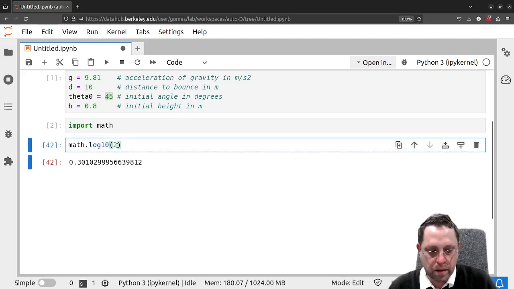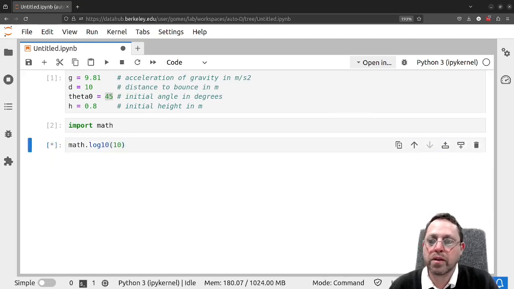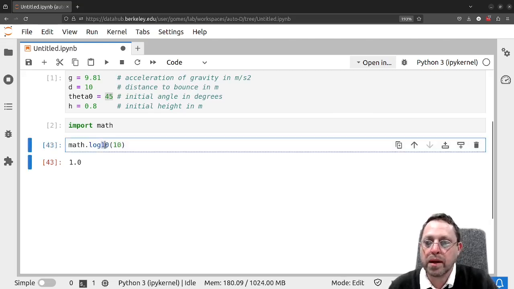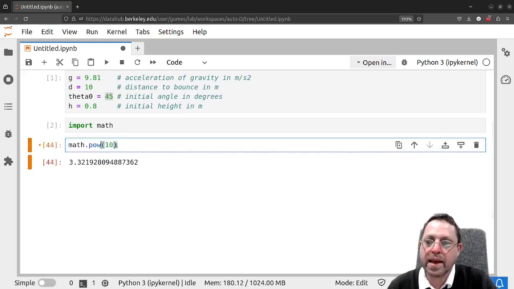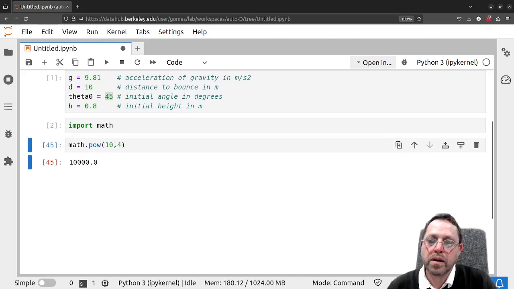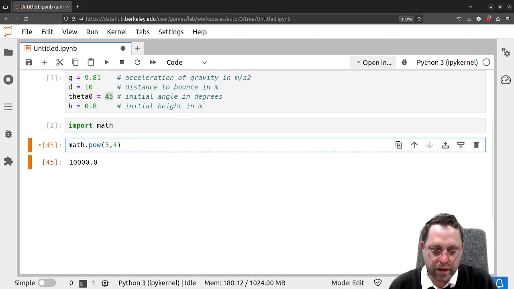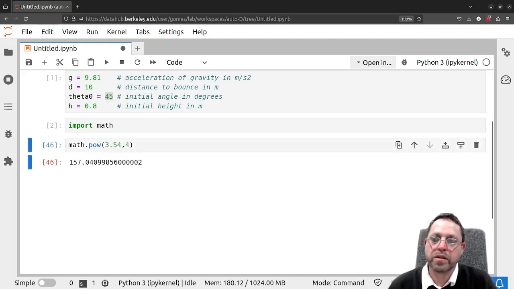What if I wanted the base 10 logarithm of 10? That's obviously 1. This is the base 2 logarithm. Okay. If I wanted, say, to evaluate 10 to the 4, that's that. If I wanted to evaluate 3.54 to the 4, I can use this power function.